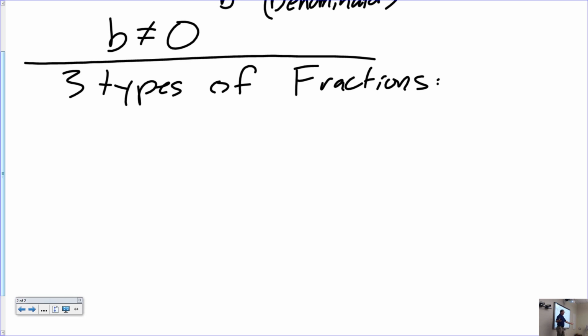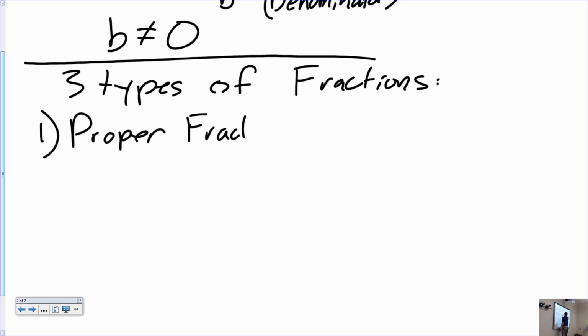Now, we have 3 types of fractions that you will have to be able to deal with. The first is a proper fraction. What does it mean for a fraction to be proper? It does not mean that it wears a suit and a tie to dinner. That's not how it works. Yes.